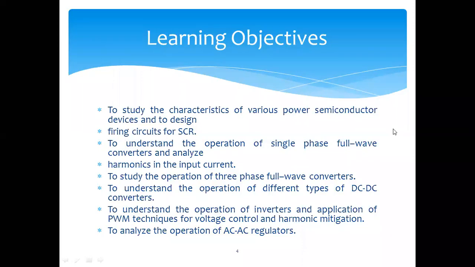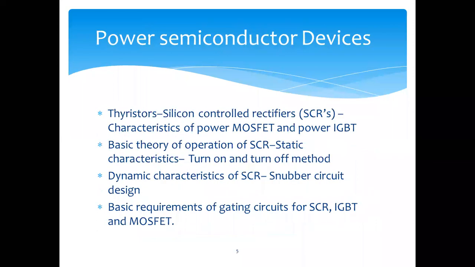That is nothing but the mitigation, or completely eliminating them, that is the important one. Most of the time while we are using the inverters, we are getting some harmonics. To analyze the operation of AC to AC regulators, these are the objective points while we are discussing the subject.